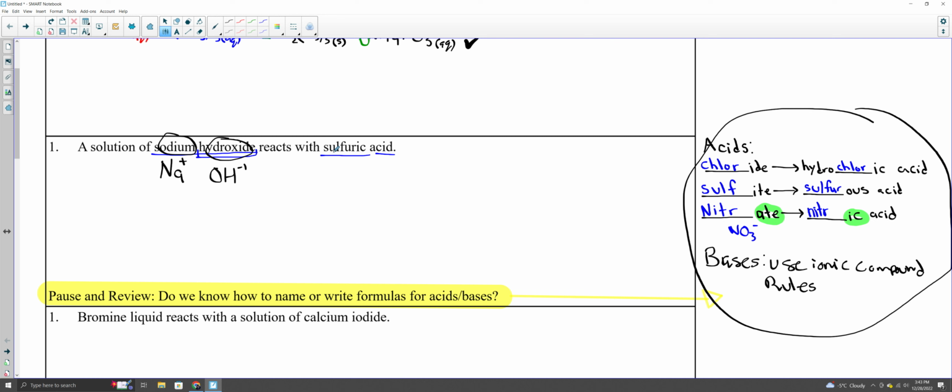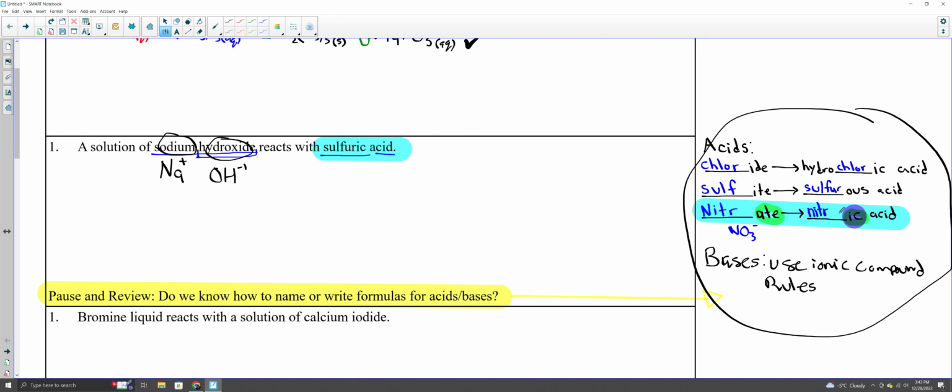And that reacts with sulfuric acid. So we can use our naming rule to help figure that out. Well, we notice that sulfuric acid goes with this naming rule here, considering that this naming rule ends in ic, right? You guys see that ic I highlighted purple? So let's try that out, sulfuric.